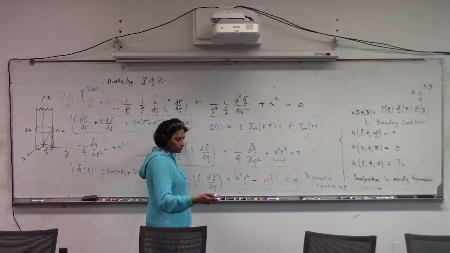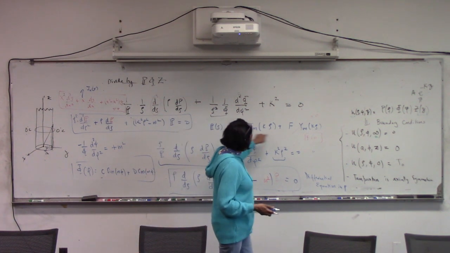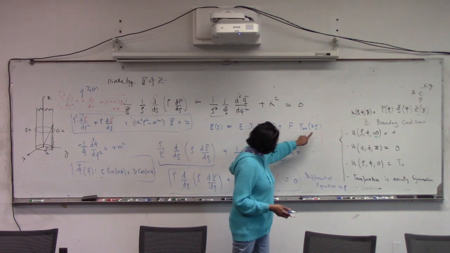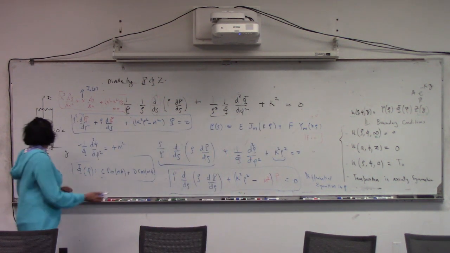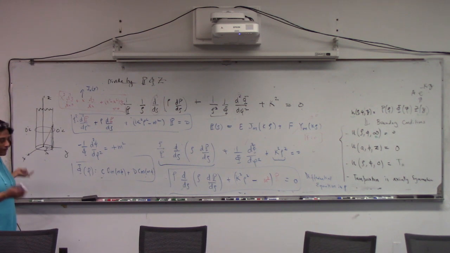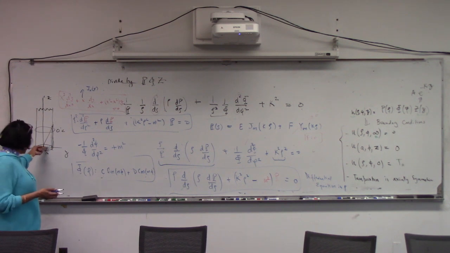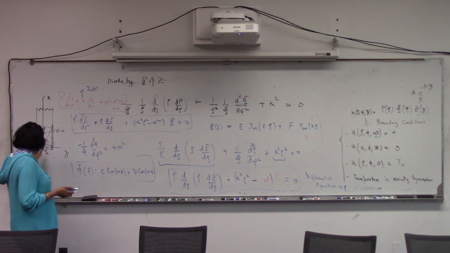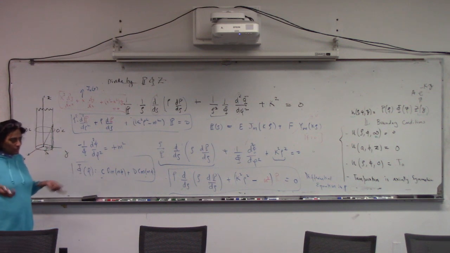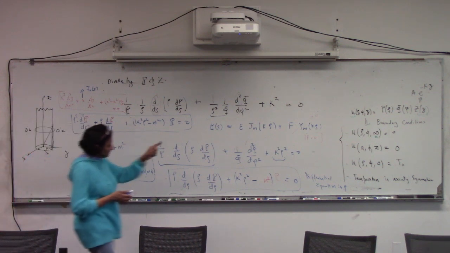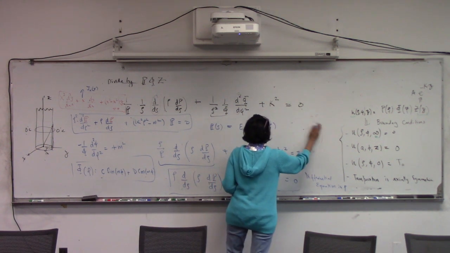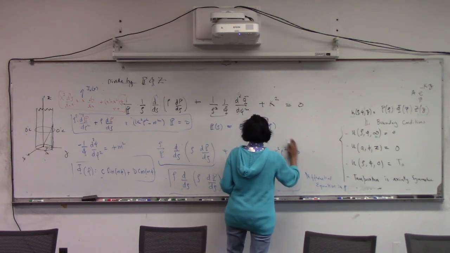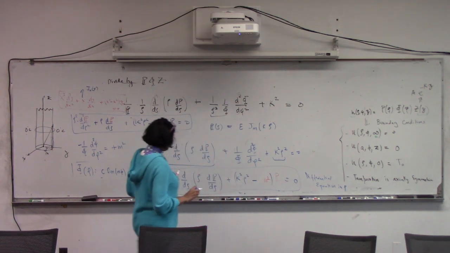One of them is the Bessel function, the other one is the Neumann function. But the Neumann function at rho equal to 0 becomes infinity, so that's not possible because in this case, at rho equal to 0, the temperature is not infinity or anything. So F has to be 0. The only physically meaningful solution is just the Bessel function here.